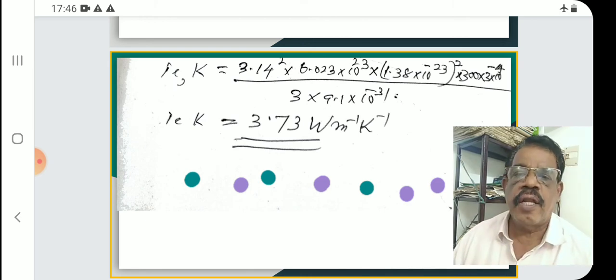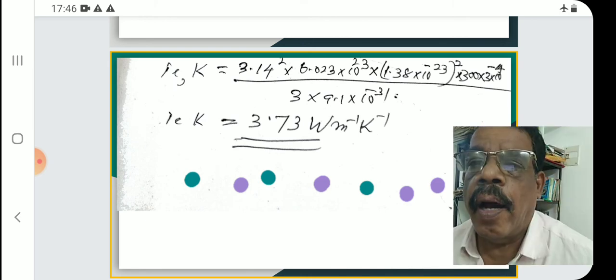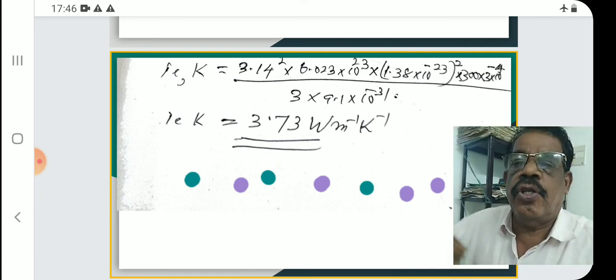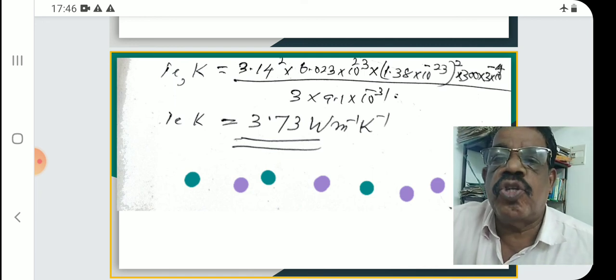Yes, 3 into 10 raised to minus 14, by, in the denominator, 3 into 9.1 into 10 raised to minus 31.